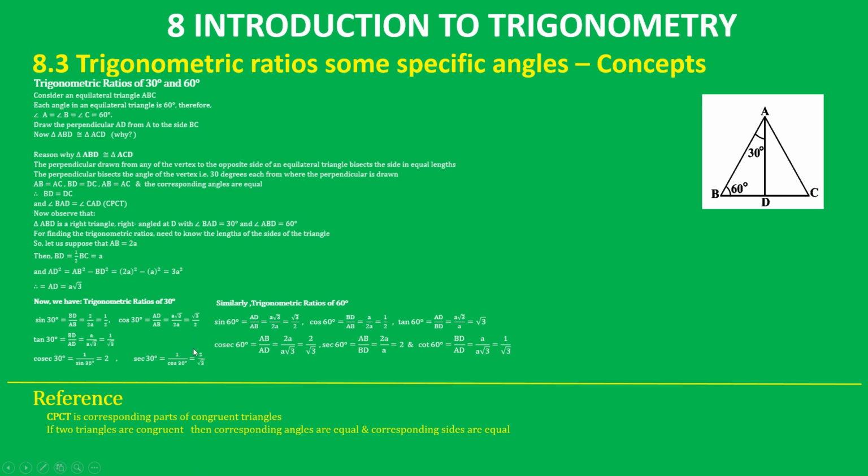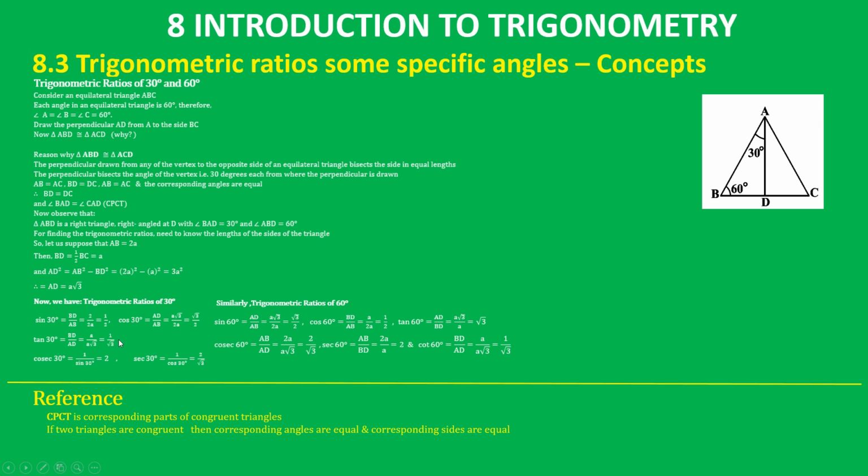Okay. Now, what is tan 30? Tan 30 is equal to opposite side by adjacent side, that is BD by AD. BD is A and AD is A root 3, it is 1 by root 3.